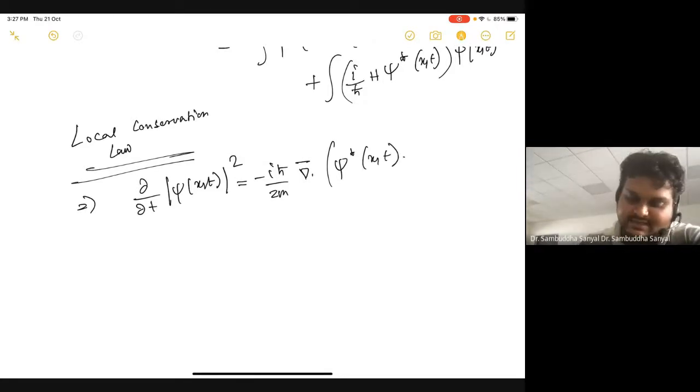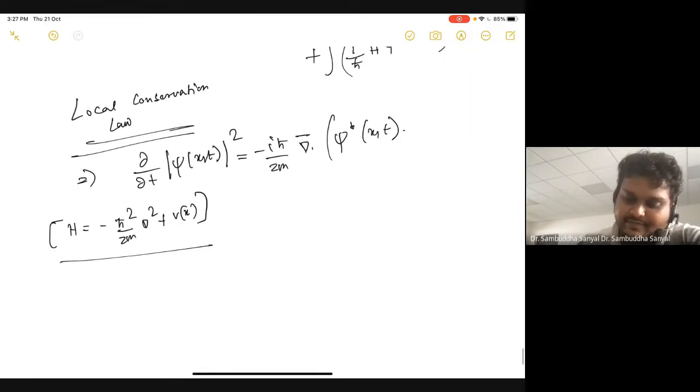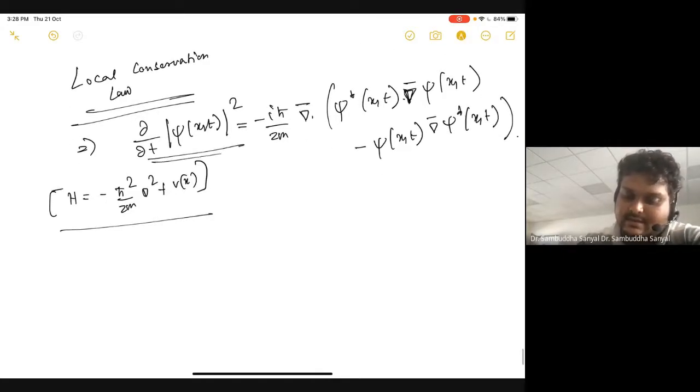So at this point, I'm just using the fact that H is minus h bar squared by 2m grad squared plus V(x), some generic form. So if I use this here and here, I'll get this double derivative, and I can split the double derivative in terms of this: grad psi(x,t) minus psi(x,t) grad psi star(x,t). Okay.